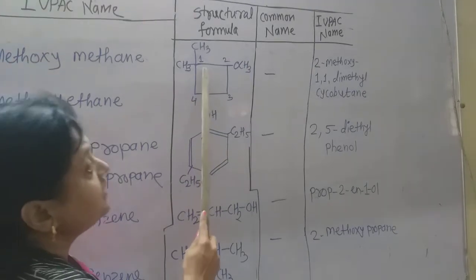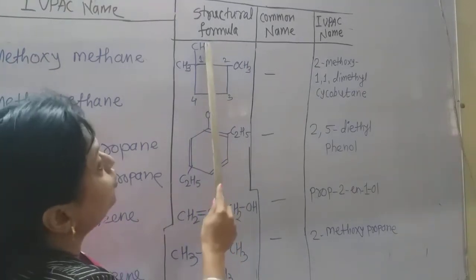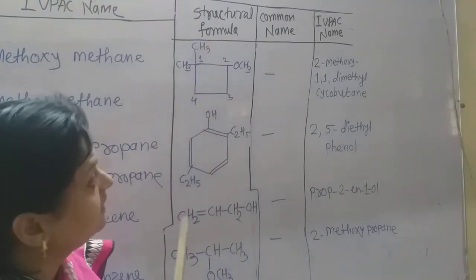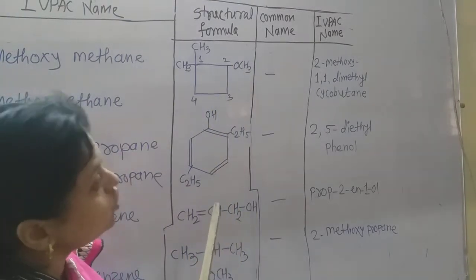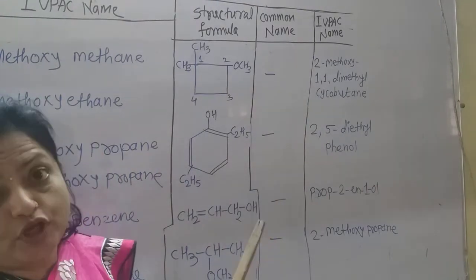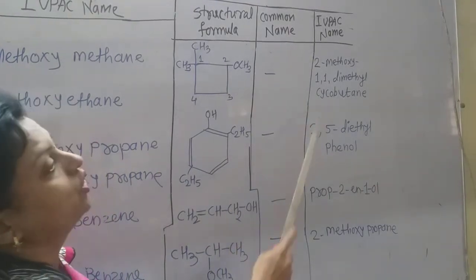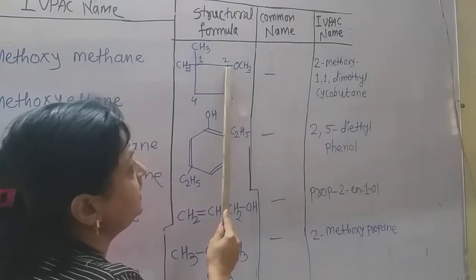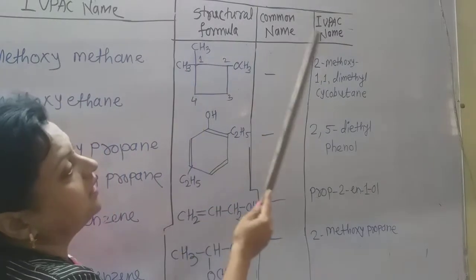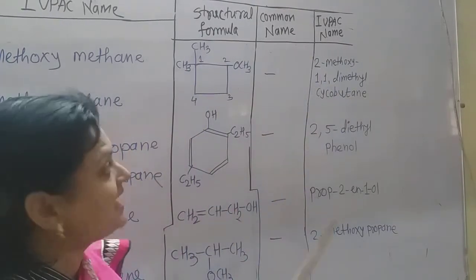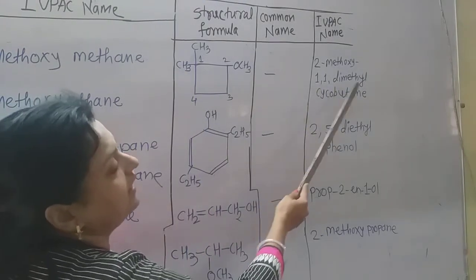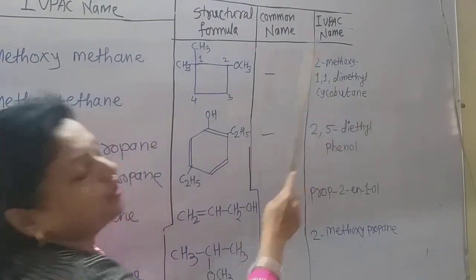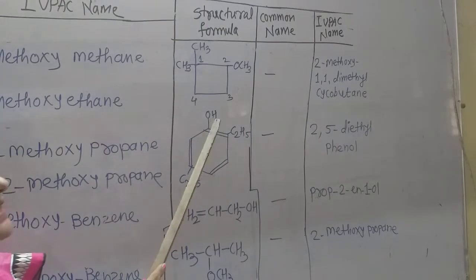Now at the first carbon atom there are 2 methyl substituents, and on the second carbon atom there is the methoxy group. So the IUPAC name for this ether is 2-methoxy-1,1-dimethyl, and as it is cyclobutane, 2-methoxy-1,1-dimethylcyclobutane is the name of this ether.